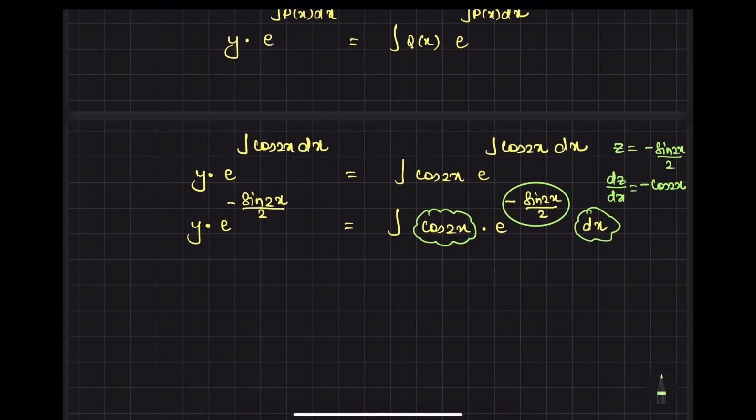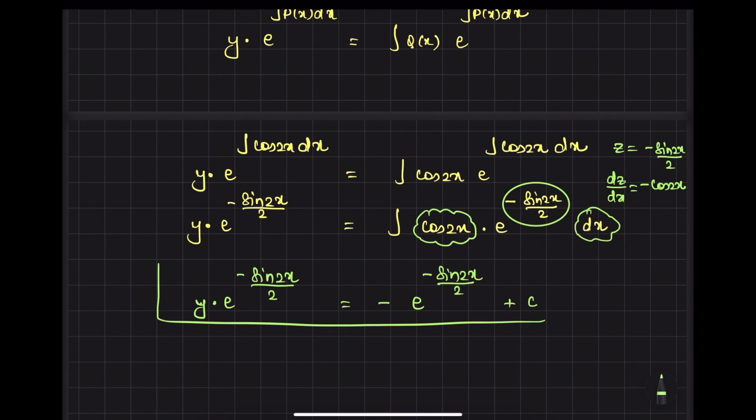Cos 2x dx will become minus dz. So I'll write the final result: y times e power minus sine 2x by 2 is equal to minus e power minus sine 2x by 2 plus integration constant c.